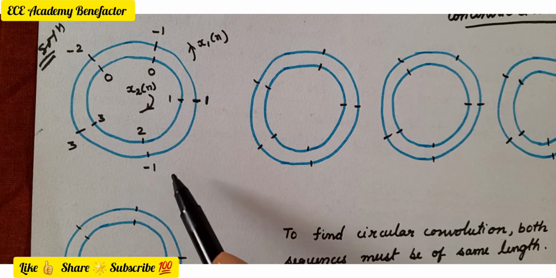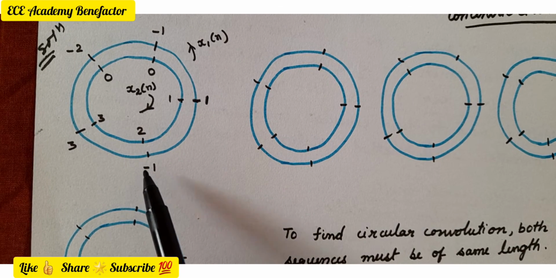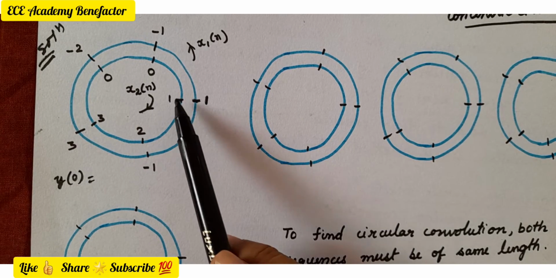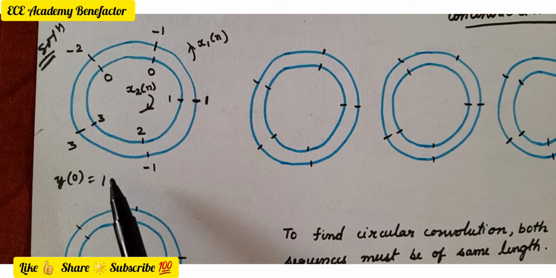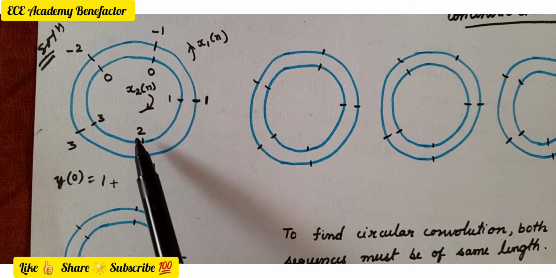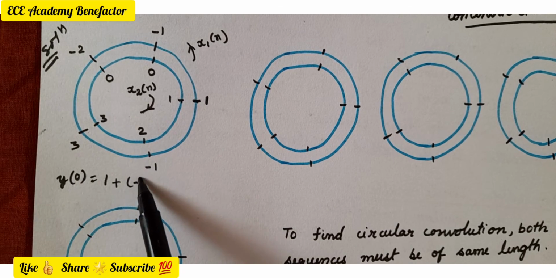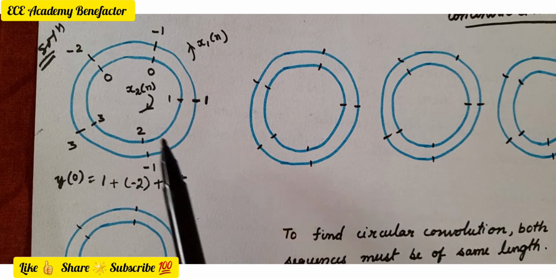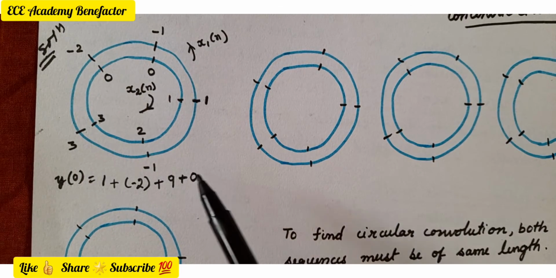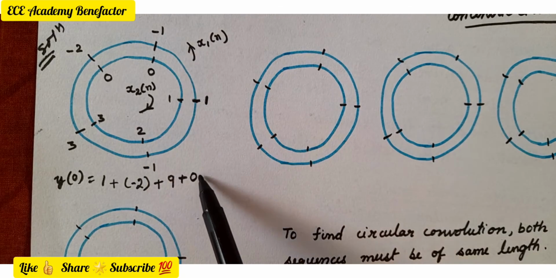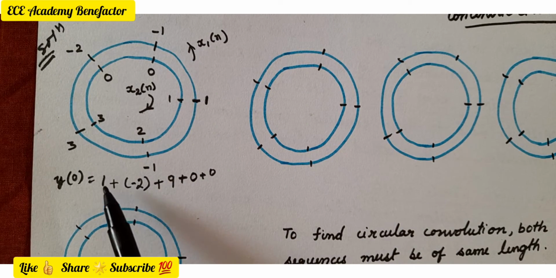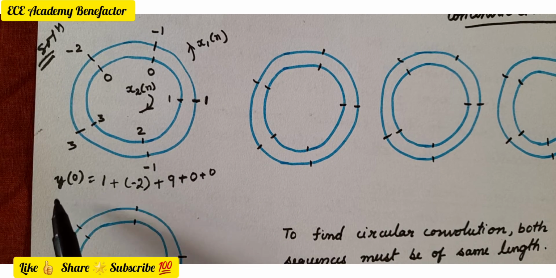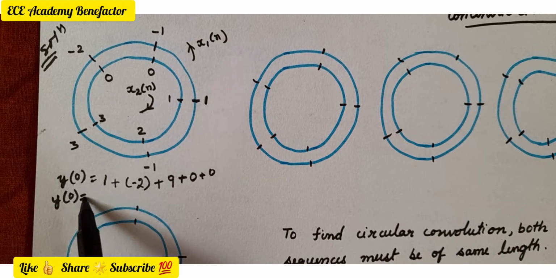Now we have to find y of 0 from here. y of 0 is 1 times 1 is 1, plus 2 into -1, -2, plus 3 3s are 9, plus -2 into 0, 0, plus -1 into 0, 0. So 9 plus 1 is 10, 10 minus 2 is 8. So y of 0 is 8.